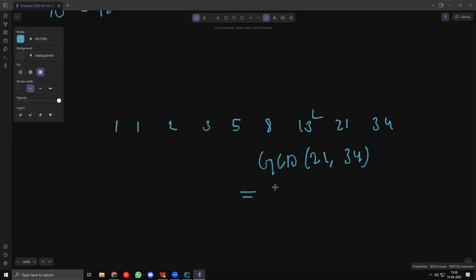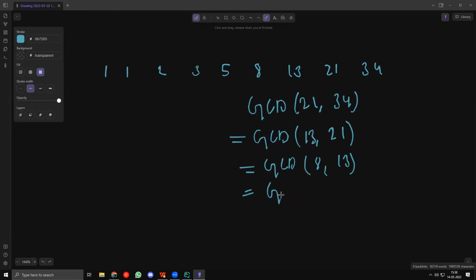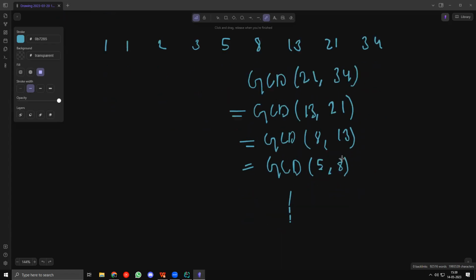So from GCD of 34, 21, we get GCD of 21, 13. And this will be equal to GCD of 13, 8, because now I take 21 modulo 13, which is equal to 8. And this will be equal to GCD of the next two numbers, which are 8, 5, right? And so on.